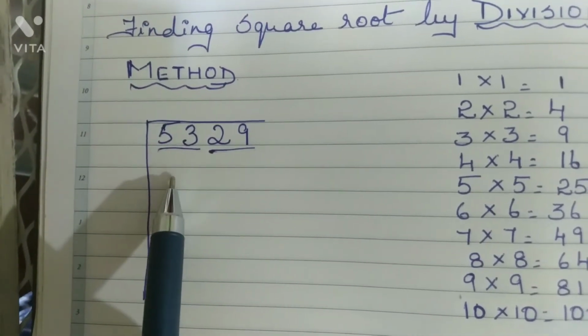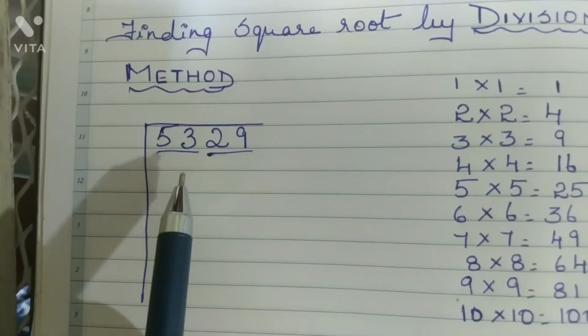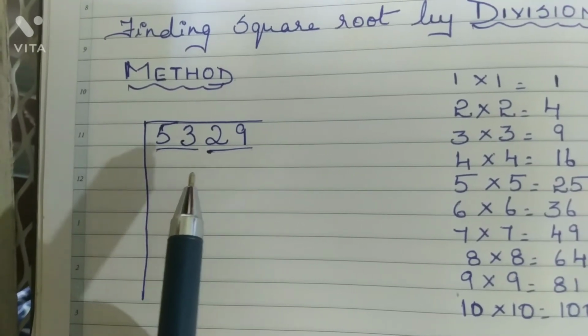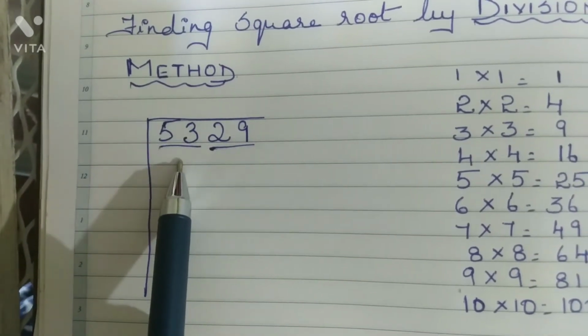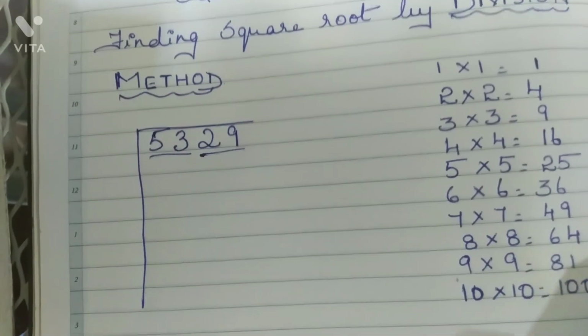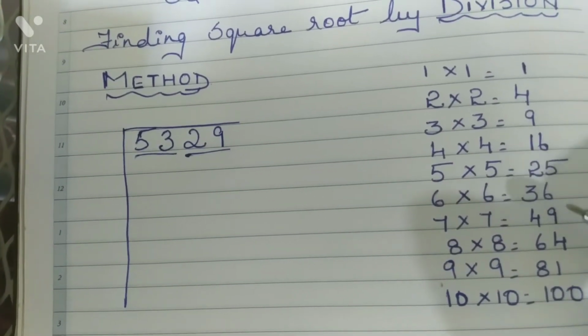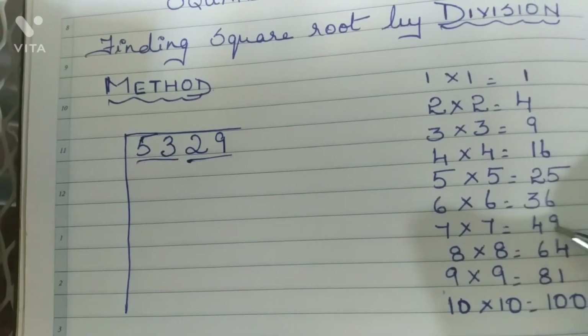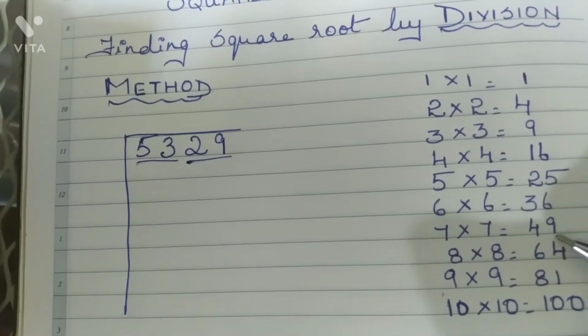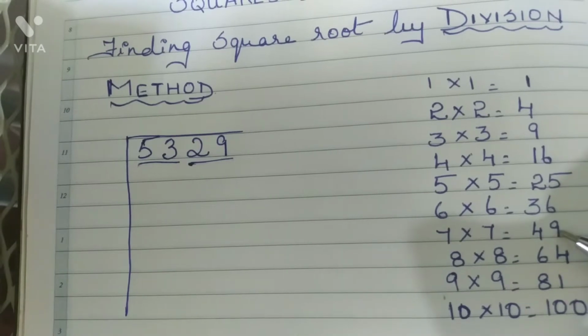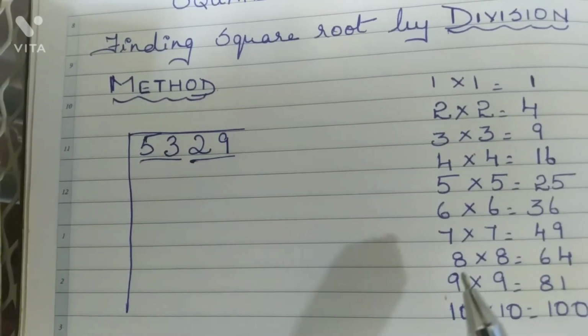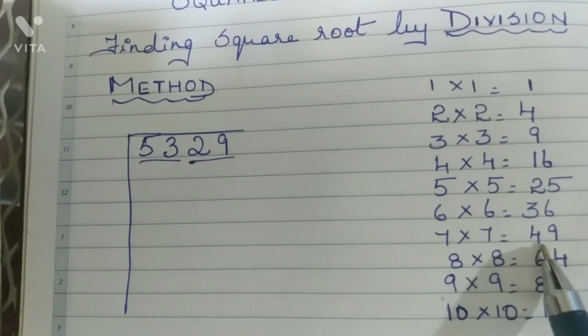Since 53 is not a perfect square, we need to go for a number which is close to 53. Now here we can see the square that is close to 53 is 49. So 7 sevens are 49.